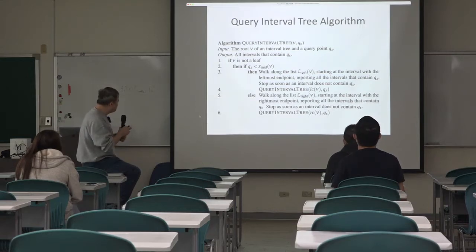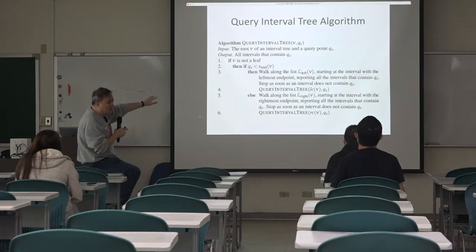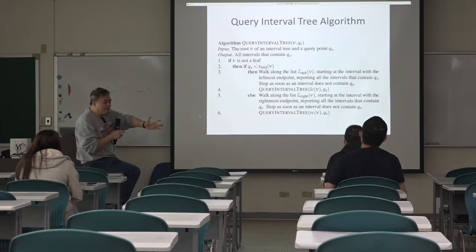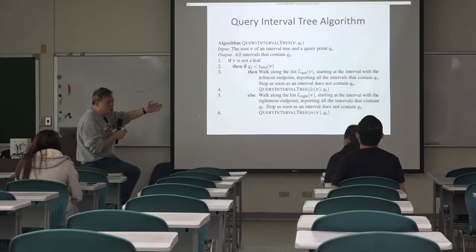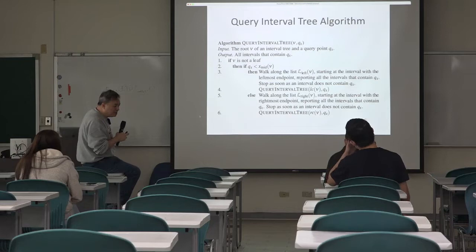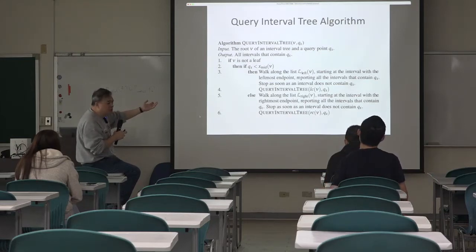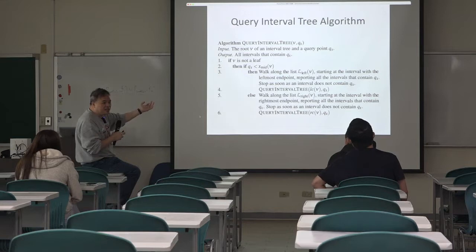If qx is smaller than x mid, then you don't need to worry about the right subtree. If qx is greater than x mid, you don't need to worry about the left subtree. And if qx equals x mid, then you only need to report all the intervals stored in the root. That's it.